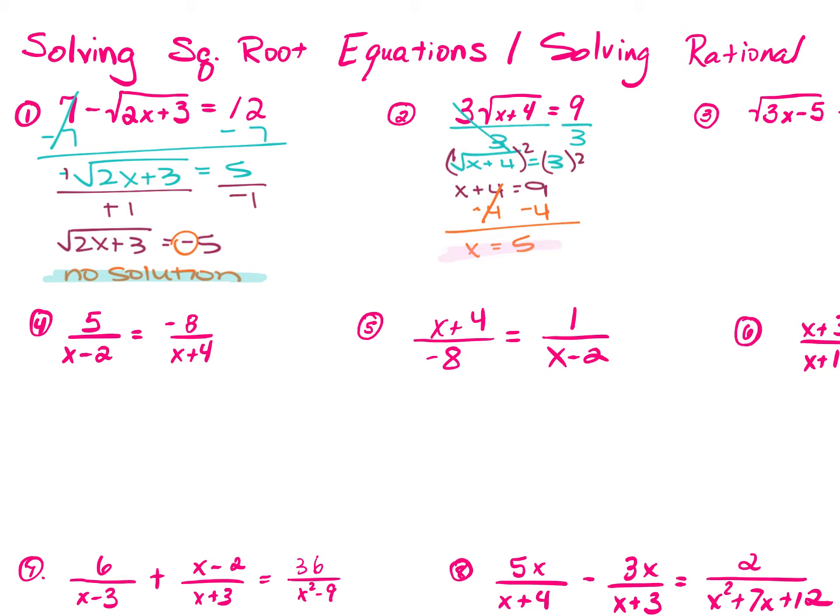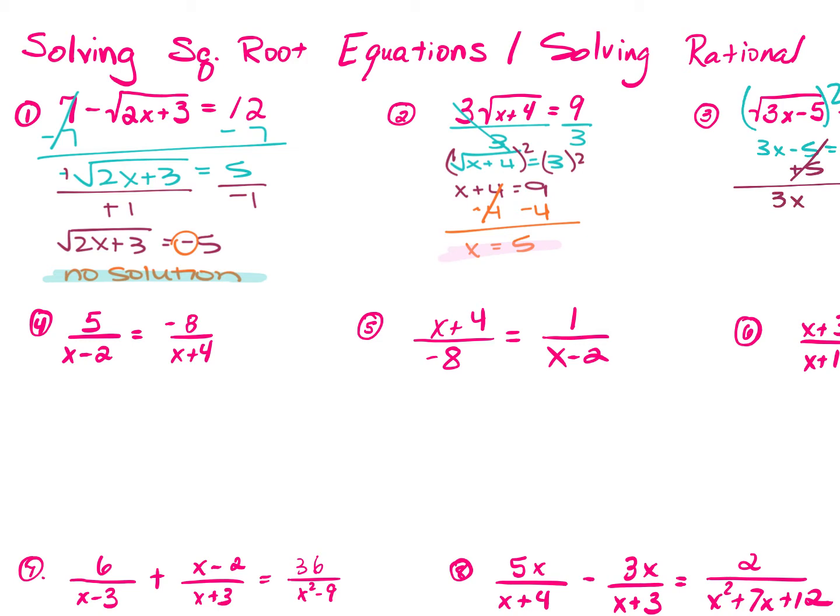For 3, we have the square root of 3x minus 5 is equal to the square root of 4x minus 11. What do we do with this one? We square both sides. So this just becomes 3x minus 5 is equal to 4x minus 11. What would you like to move over first? 5. Okay. Well, you guys said the 5 first, so that's what we're moving.